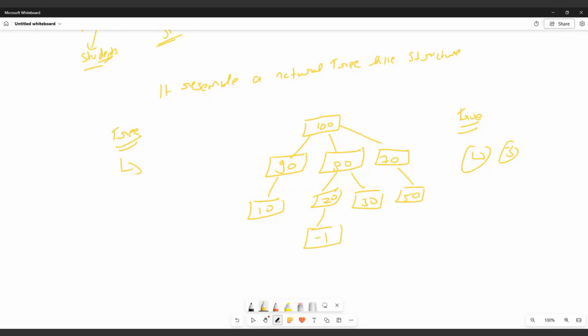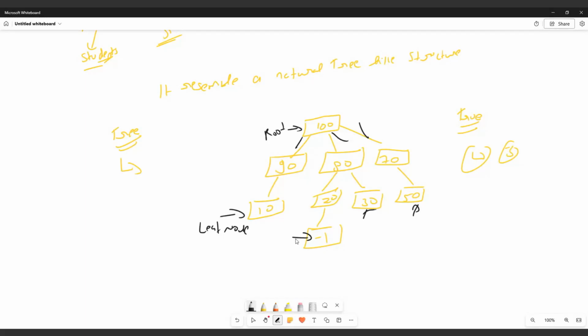So class, this is my tree, in which this is the root. These are the different branches, and these are the last nodes. I call them leaf nodes because they do not have any further branches or sub-branches.